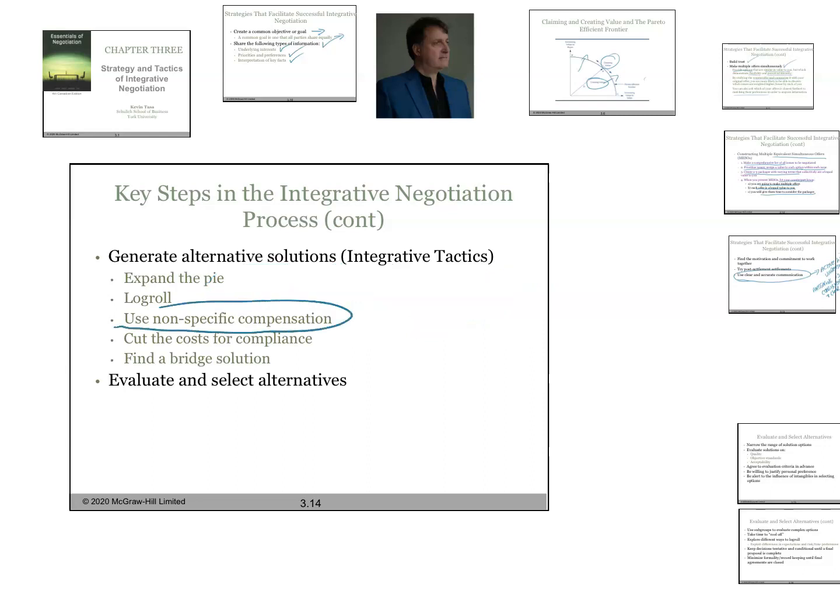Using non-specific compensation. This one is often misunderstood, so I'll try to be as clear as possible. What this is about is allowing one person to obtain their objectives around a particular issue, having it fulfilled, and then what they do in exchange is pay off the opponent with some form of compensation because they were able to fulfill that need in the negotiation from the other party.